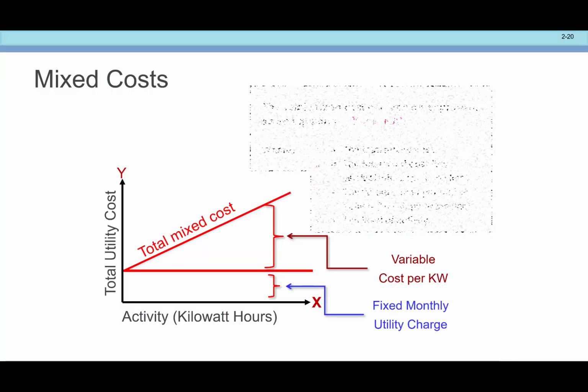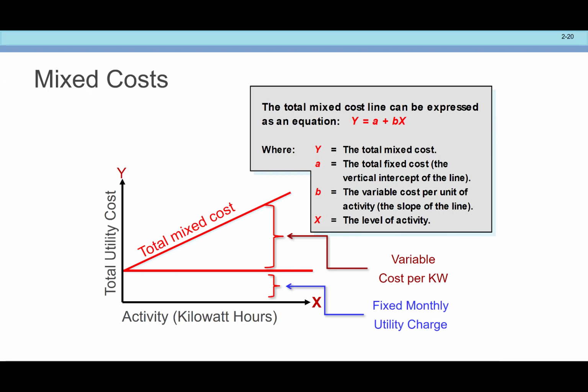Okay, good. Now, they didn't want to use y equals mx plus b, so they use y equals a plus bx, where y is the total cost, a is the fixed cost, b is the variable cost per unit of the driver, and x is the units of the driver.